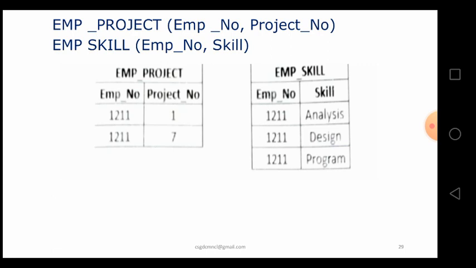We discuss another example. We take the student table. Student ID, course, and hobby are the three attributes of the student table. Student ID is the same, course is different, hobby is different.